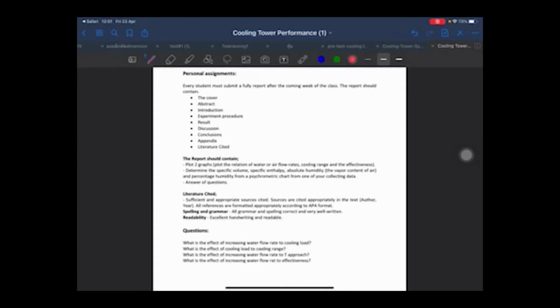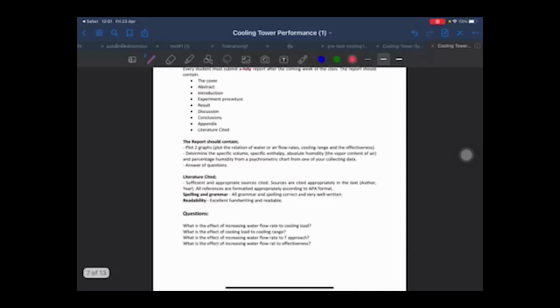Normally the report of this laboratory will be a short report, not a full report. Okay, do the short report with the format that Dr. Pichitra posted in the SUT e-learning, and I would like you to answer these 4 questions in the laboratory report. What is the effect of increasing water flow rate in the cooling load?